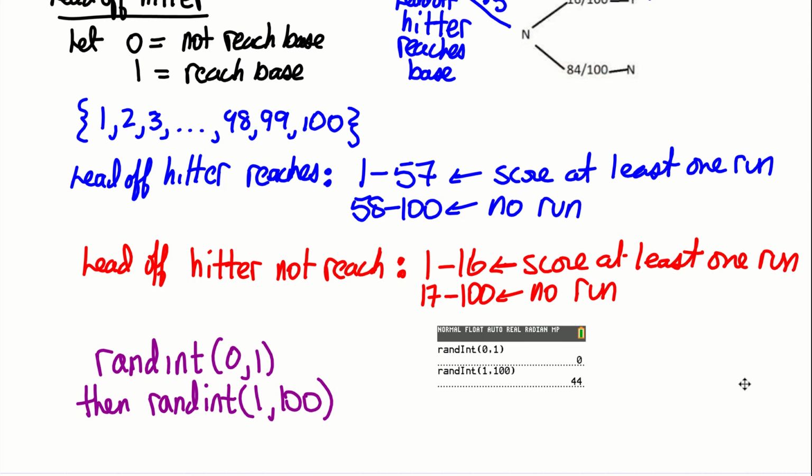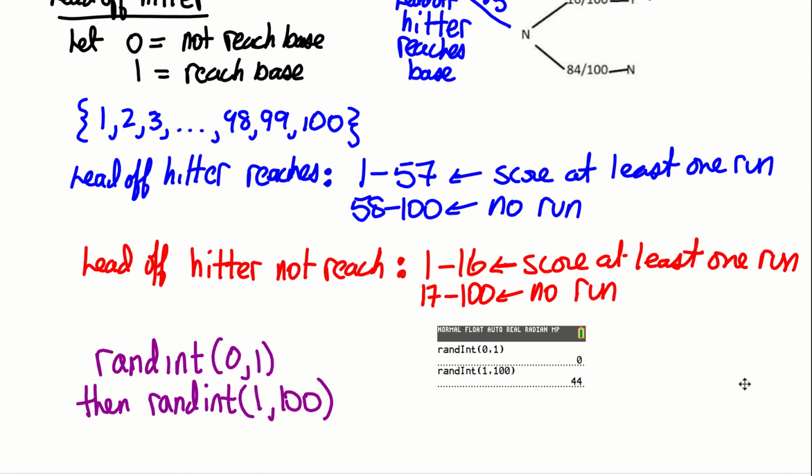But following my tree diagram or my elaboration here, I would say, okay, I didn't reach base, and I'm in the 44. Well, I'm in the 17 to 100 category because I got a 44, which means the individual did not reach base and the team did not score a run.